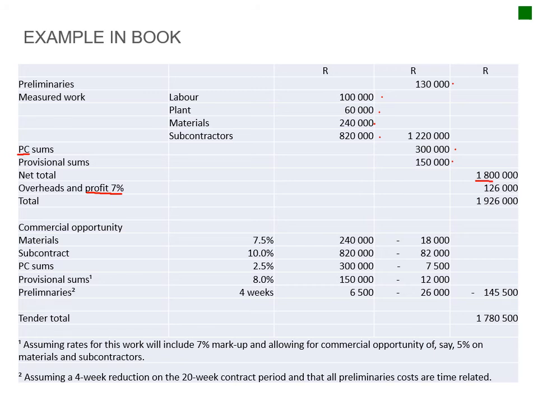So here's your total cost to your projects, your net cost, and then you add your overheads and your profit, 126,000. So you get a final tender amount of 1.9 million rand for this project.